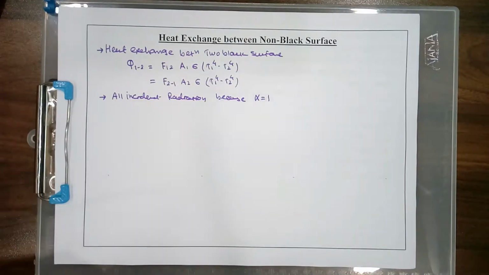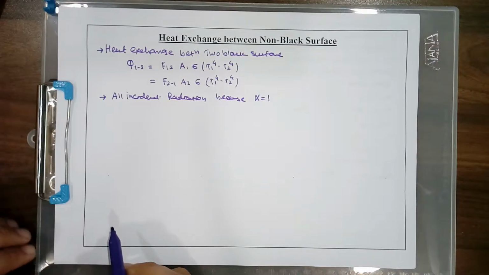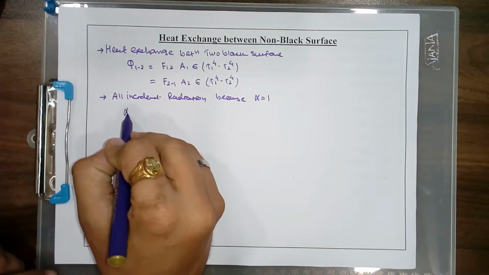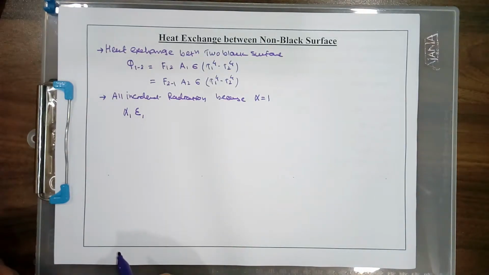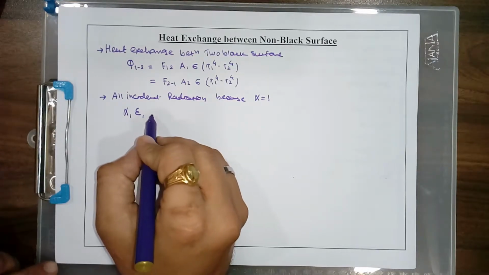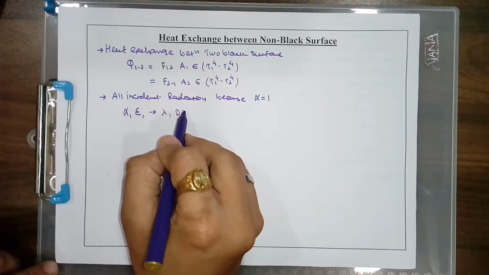But in real practice absorptivity does not equal 1, and that's why we need to derive the heat exchange between two non-black surfaces. When we go in depth into emissivity and absorptivity, we know that the absorptivity alpha and emissivity E are functions of, or may vary with respect to, the wavelength as well as direction.